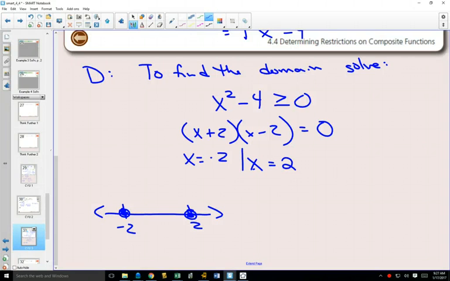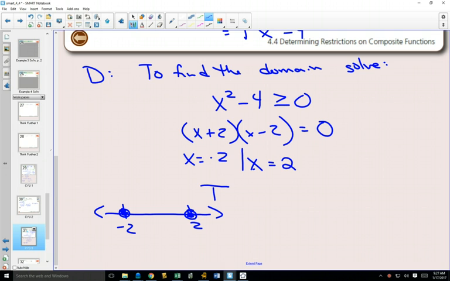And if you made your number line, you could find out where this is true and where it is false. If I choose a number bigger than 2, like 3 or 4 or 5, that squared minus 4 will definitely be bigger than 0. This section will be true. If I try a number between negative 2 and 2, like 0, then it will be negative 4.